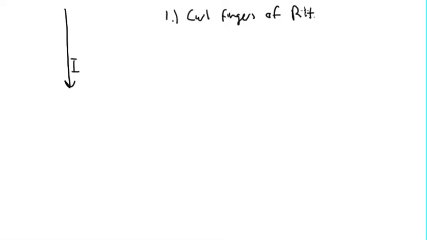So if we have current I, then the way we solve for the B field is to, one, curl fingers of right hand. So you're just going to take your hand and curl your fingers.